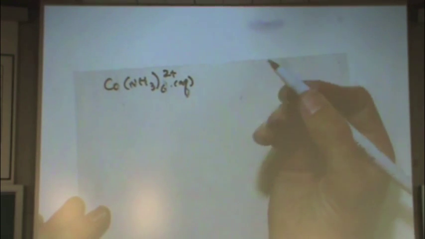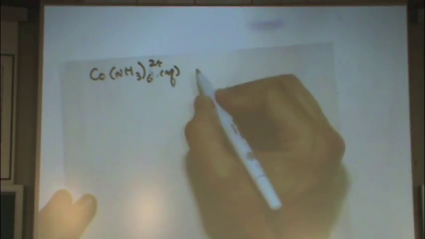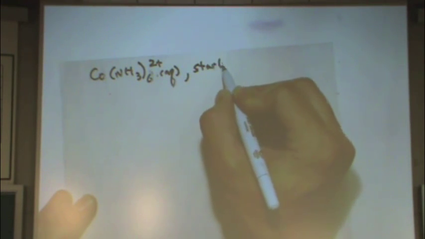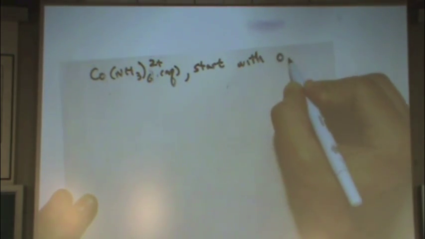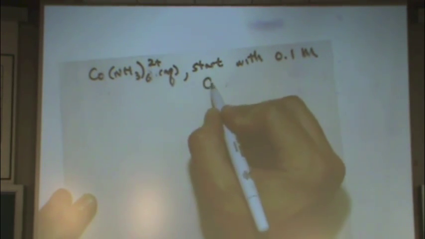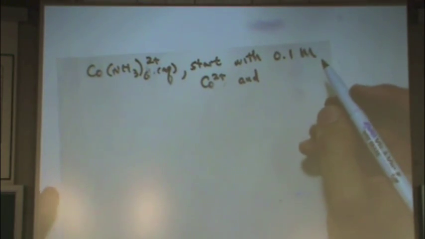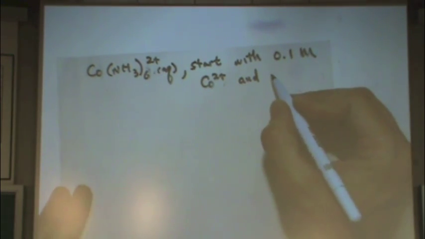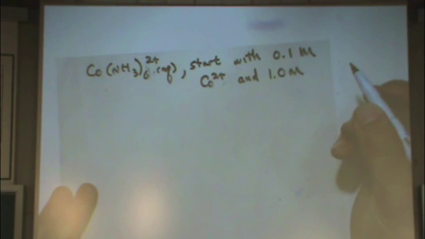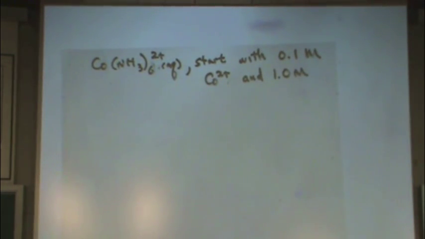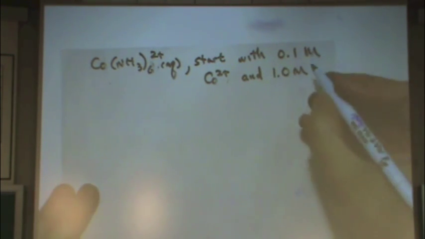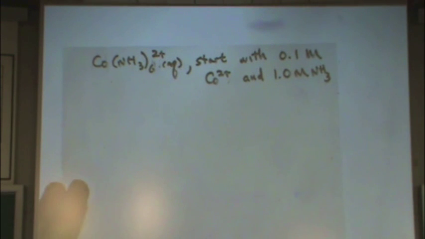And I said I start with 0.1 molar cobalt 2 plus and 1.0 molar, ooh, is that what I want? What do you think? Think about it. Yes. Okay, ammonia.